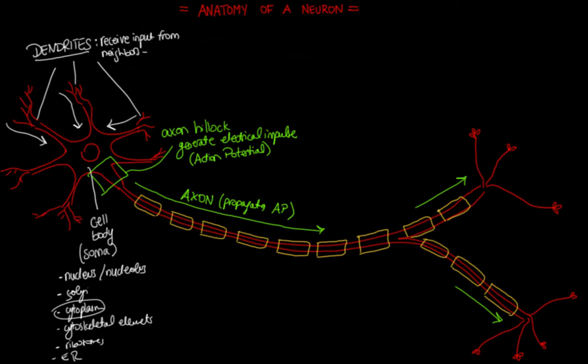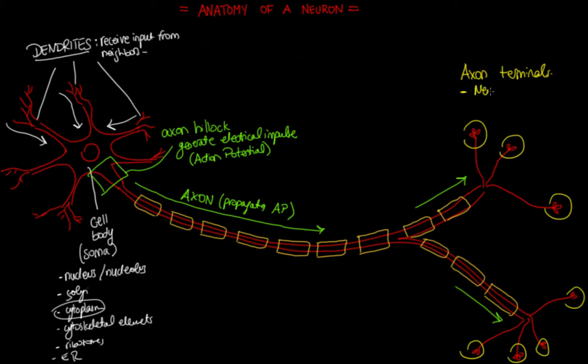And so at the very, very end of an axon, we have what we call axon terminals. And these axon terminals are really important because this is how a neuron is going to communicate with its neighbors, right? And so, as we mentioned before, one of the functions of a neuron is secretion. So this is where our chemical messengers that we identified as neurotransmitters are going to be released.